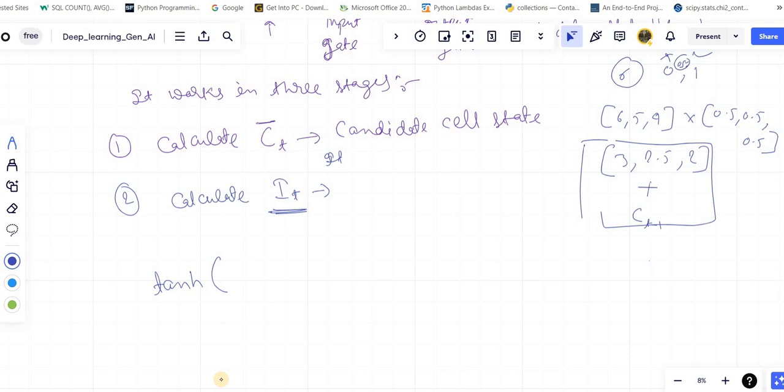In that we have our weight matrix. So weight matrix of what, this input gate. So I am writing WI, weight matrix of input gate. Now here is the concatenation of HT minus 1 and XT.